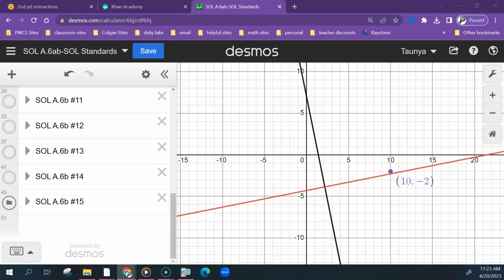You'll notice that a lot of the A7 stuff is stuff we did at the beginning of the year, relations and functions, domain and range, stuff like that.